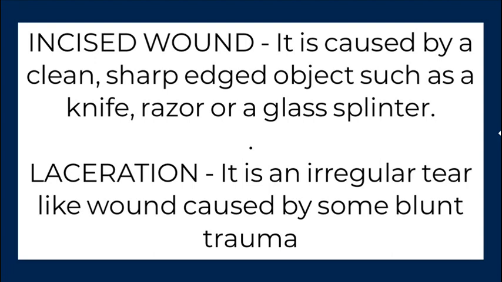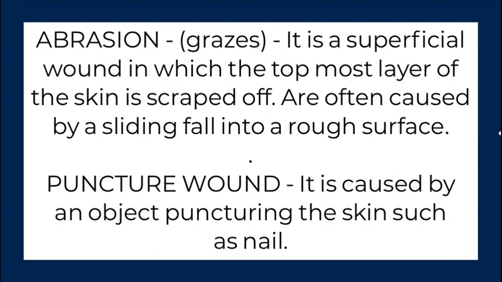It is caused by a clean, sharp-edged object such as a knife, razor or a glass splinter. 2. Laceration. It is an irregular tear-like wound caused by some blunt trauma. 3. Abrasion or grazes. It is a superficial wound in which the topmost layer of the skin is scraped off. Are often caused by a sliding fall into a rough surface.